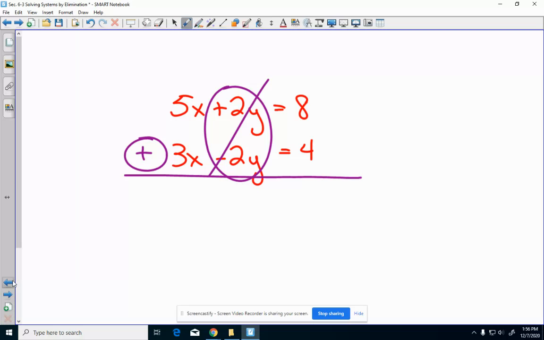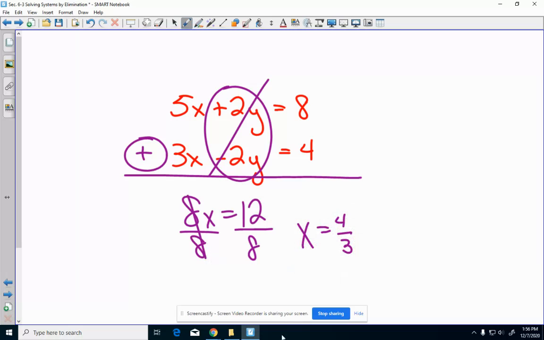We would add those two together, and we would find out that 8x is equal to 12, and we would divide both sides by 8, and we would get an answer of 4 over 3, or 1.3 repeated, for an x value. But it's all based off the fact that those coefficients are opposites of each other, and so we add.